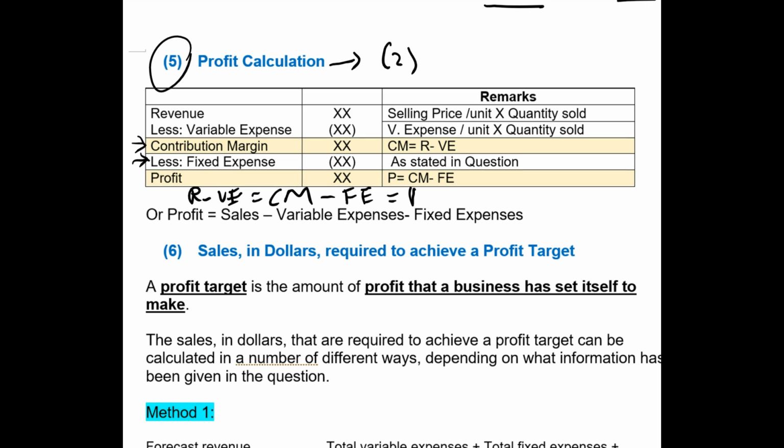You will get your profit. So at the end of the day, your profit equals revenue minus variable expenses minus fixed expenses. So basically, revenue minus off all your expenses, you will get your profit. So profit equals revenue minus variable expenses minus fixed expenses. Simple as that.